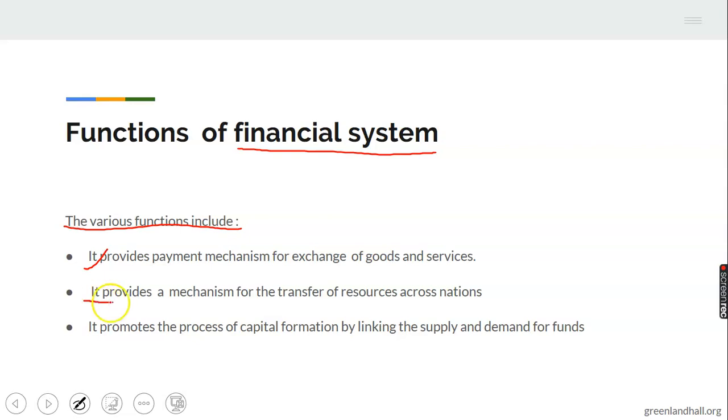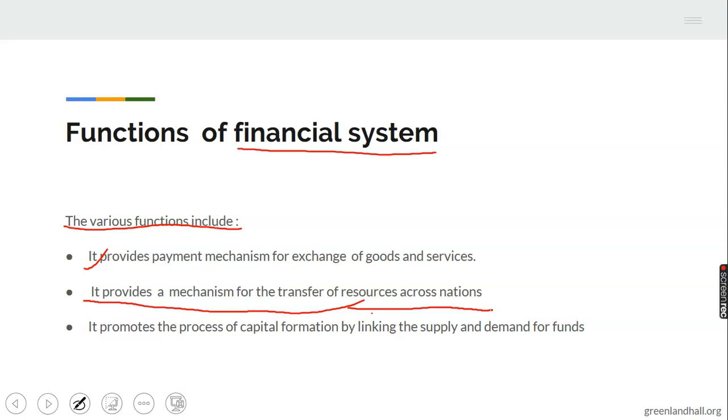Number 2, it provides a mechanism for the transfer of resources across nations. So as a result of a financial system, that is financial market, financial services, and financial institutions, it is possible to transfer or move resources from one location to another.